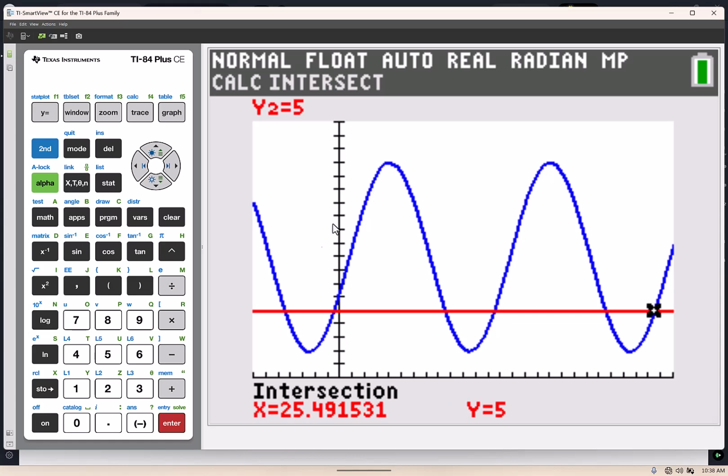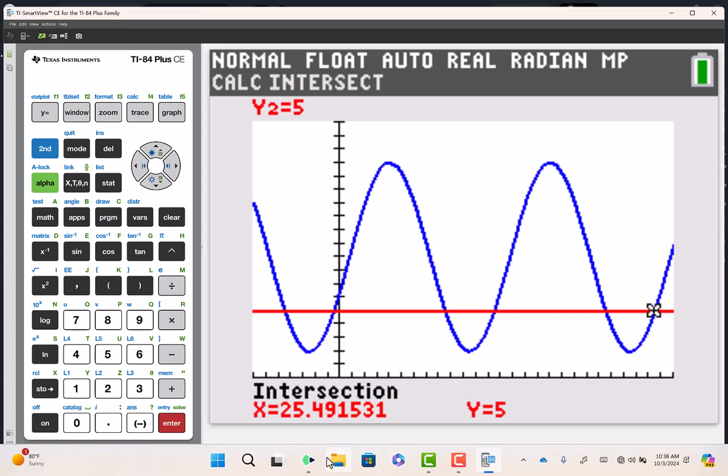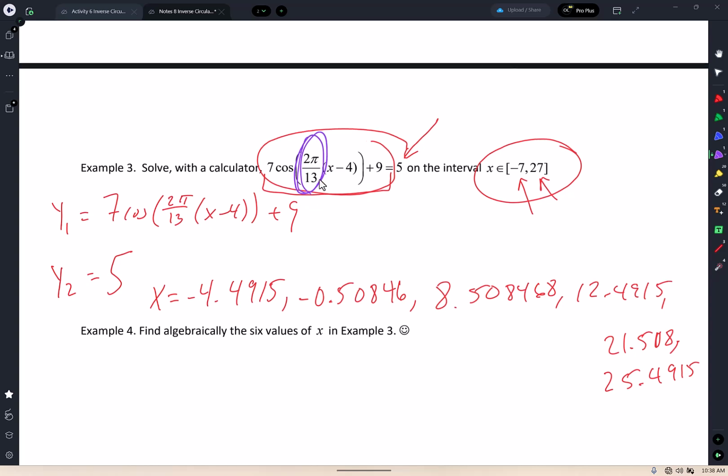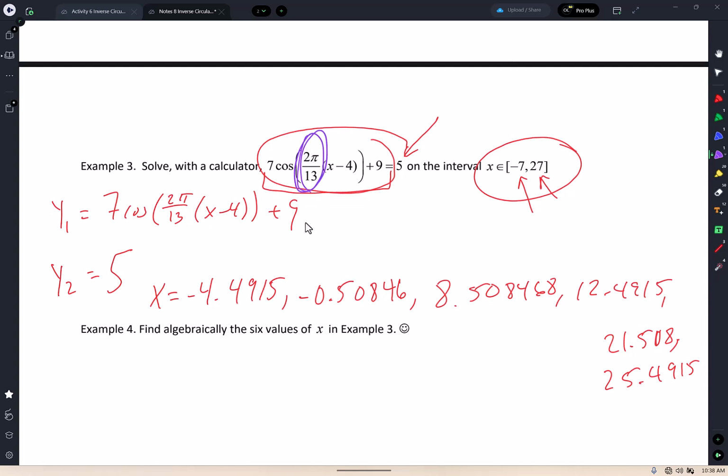You think it's 12? We know this, guys. That's your B. The B tells you your horizontal dilation or stretch or compress. Remember how we calculate our period? The period should have been 2 pi, but it's 2 pi over 13. So it's not 8, but you're close. How do I calculate the period?